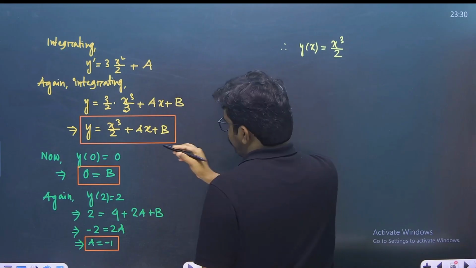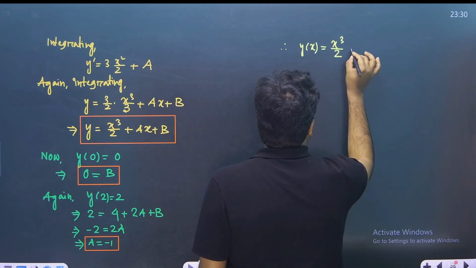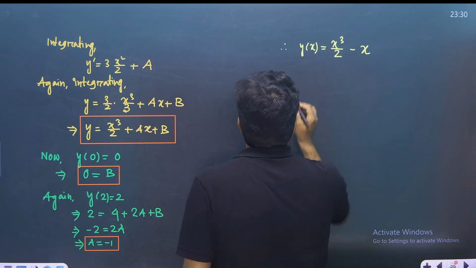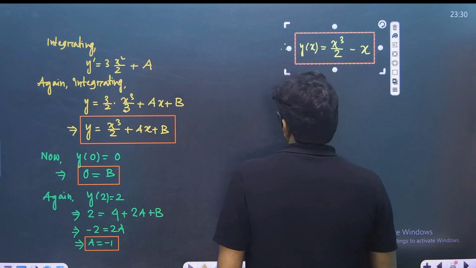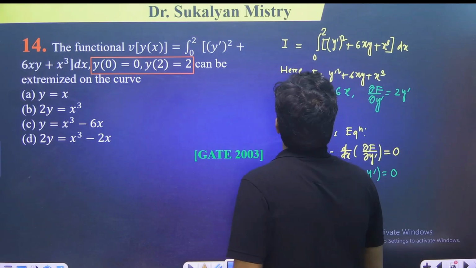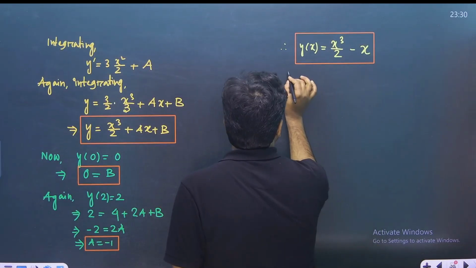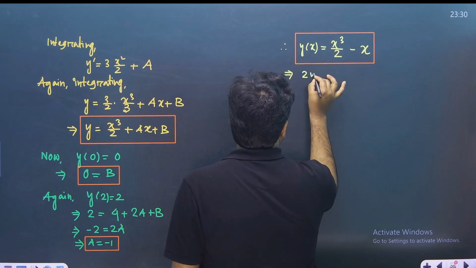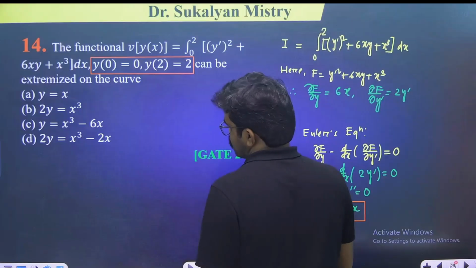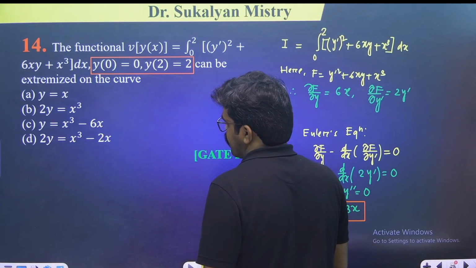That means 2y is equal to x cube minus 2x.